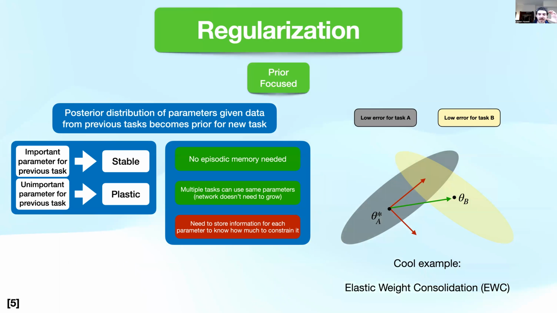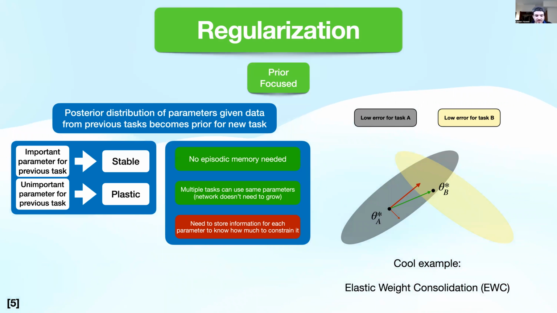So you can think of it as there being a stiffer spring on theta A stars that want to move in the minor axis compared to those which want to take updates in the major axis direction. So by taking this update, we can see that it's constrained back. The update is constrained back into this low error region for both tasks.